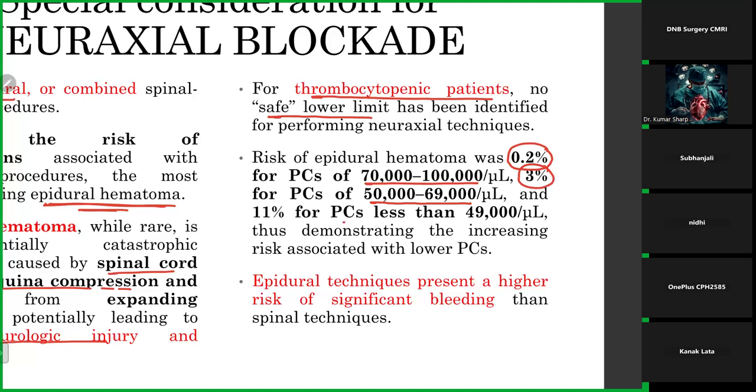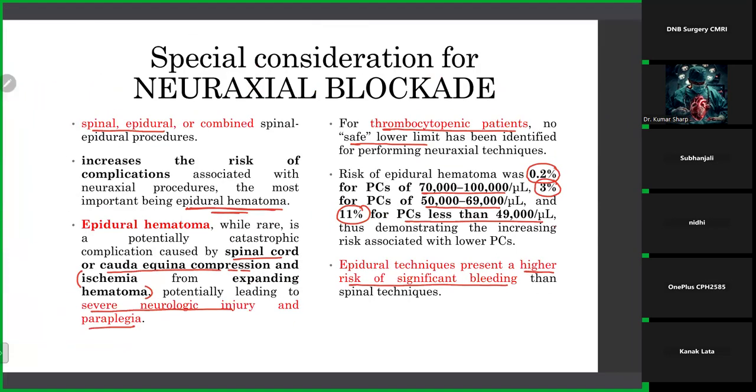And platelet count less than 49,000, the risk is 11%. So epidural techniques present a higher risk of significant bleeding than the spinal techniques, and this will be an add-on risk if your patient is already taking an anticoagulant or an antiplatelet therapy. So you need to be particularly aware if you want the patient to go through a spinal or an epidural procedure.